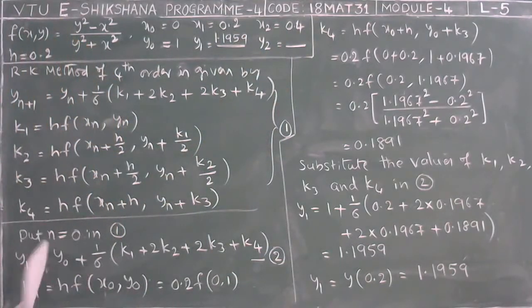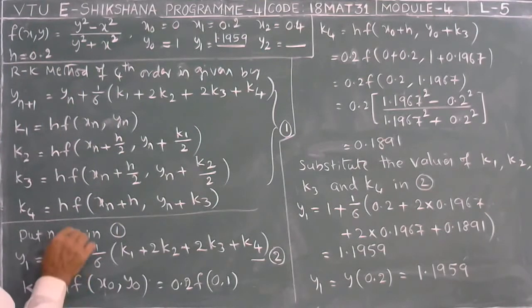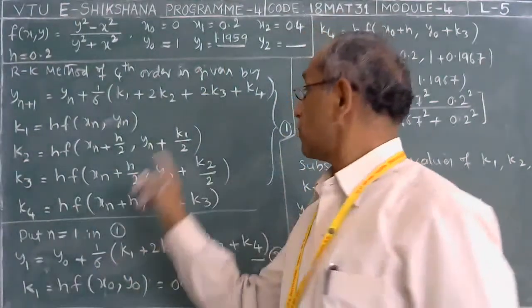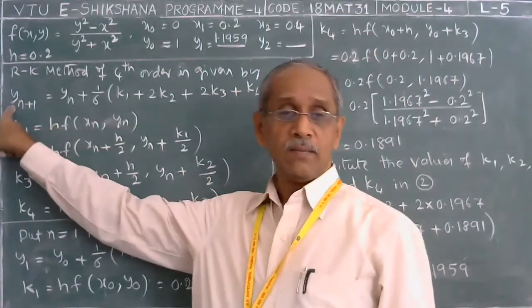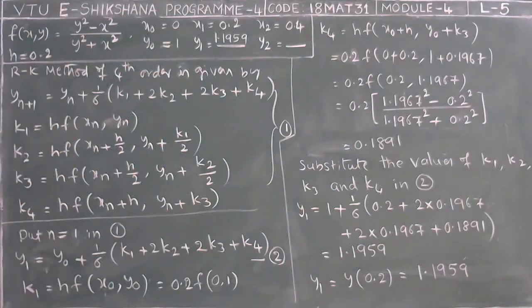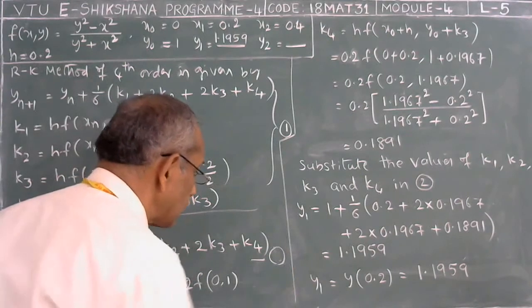So now put n is equal to 1 in equation 1. To find y2, put n is equal to 1 in 1. So y2 will be in terms of y1. So y2 is equal to y1 plus and so on.